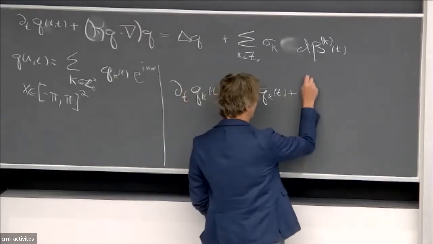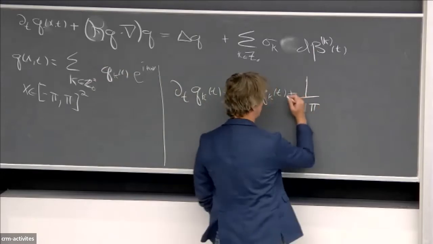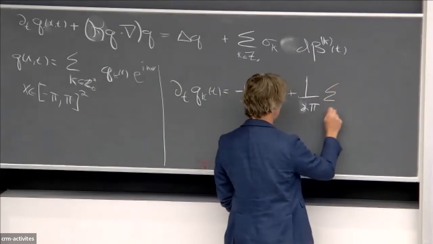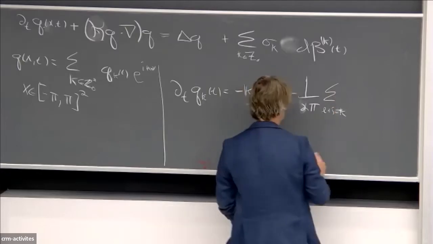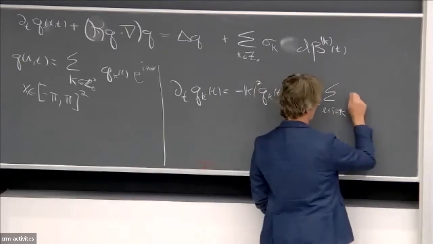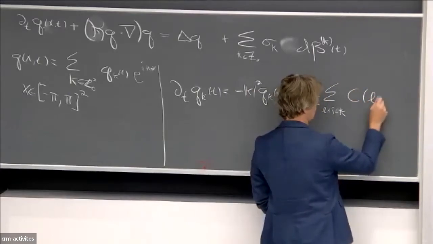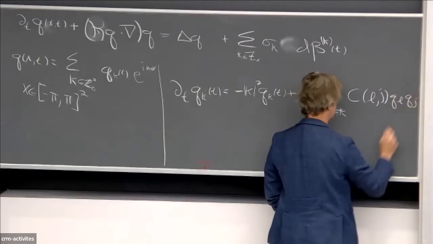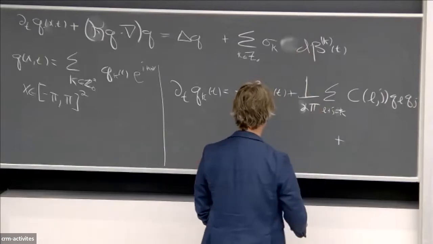Constants may be off, but I think it's 2 pi. Then there's l plus j equals k, and this gives the interaction, c_{lj} q_l q_j, plus this projection.